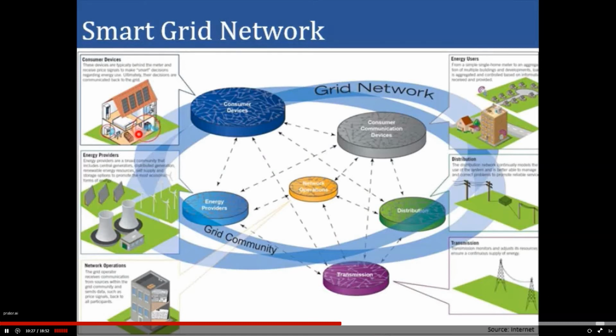That means these intelligent devices communicate with the network for getting the prices and schedule themselves when the prices are low. So those are effective tools for having demand side management at the household level.